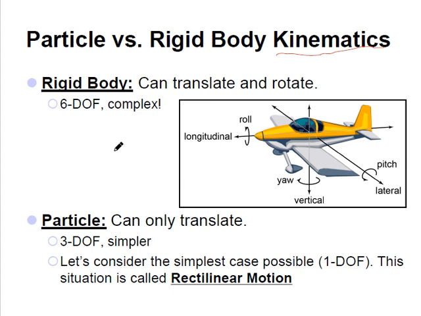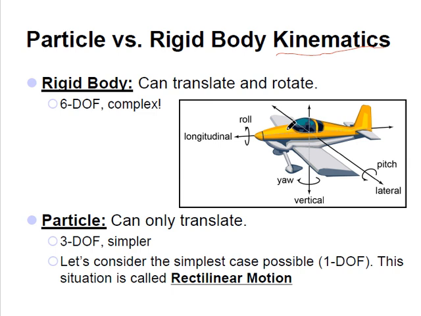So now we have two different types of movement. The very first one is translation. The second one is rotation. Yeah, so a rigid body can do both types of movement. Okay, so they can translate and then they can rotate.